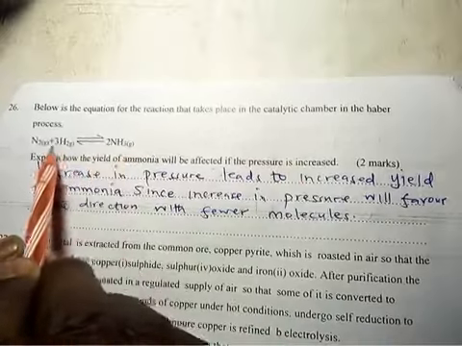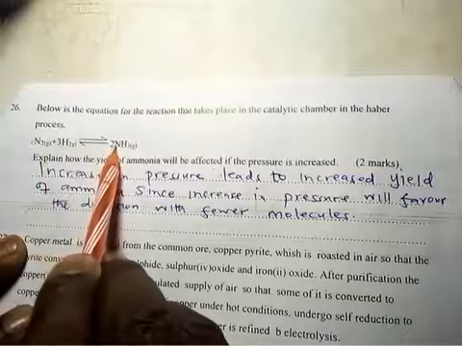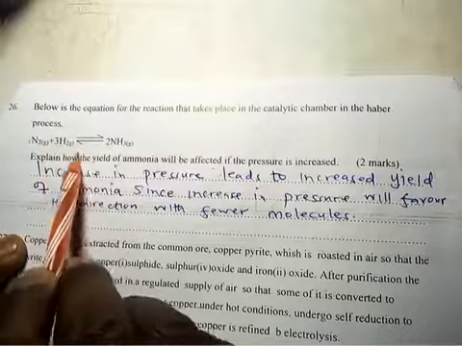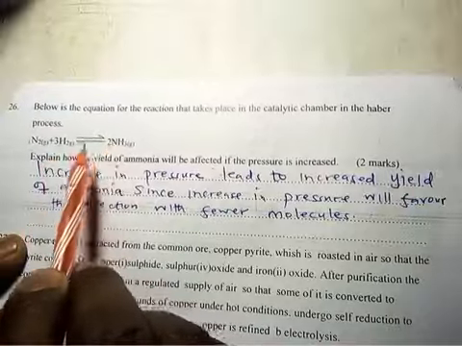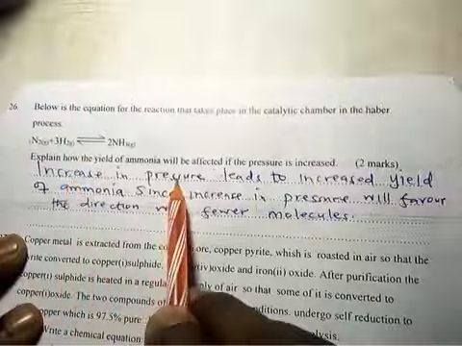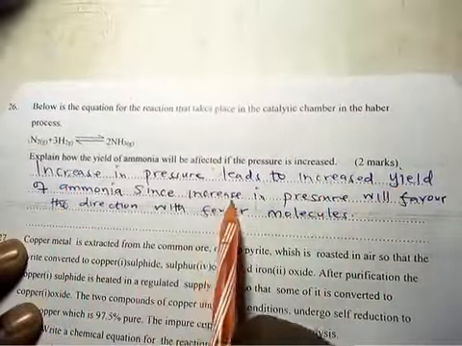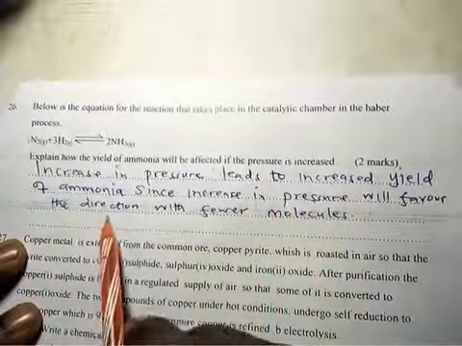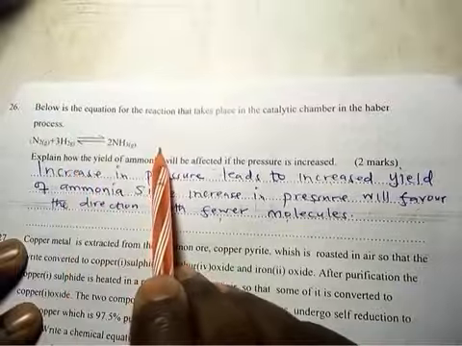This is 1 plus 3, which is 4, so here the volume is 4, here the volume is 2. Increasing pressure will favor the direction where we have fewer molecules. So an increase in pressure leads to an increase in the yield of ammonia, since it favors the direction with fewer molecules. Therefore, equilibrium will shift to the right.